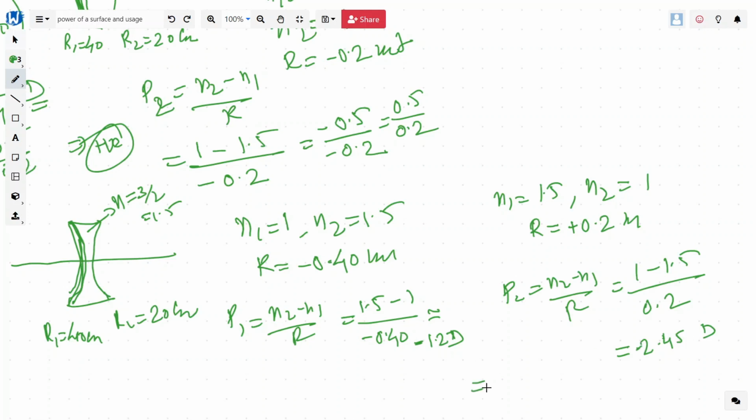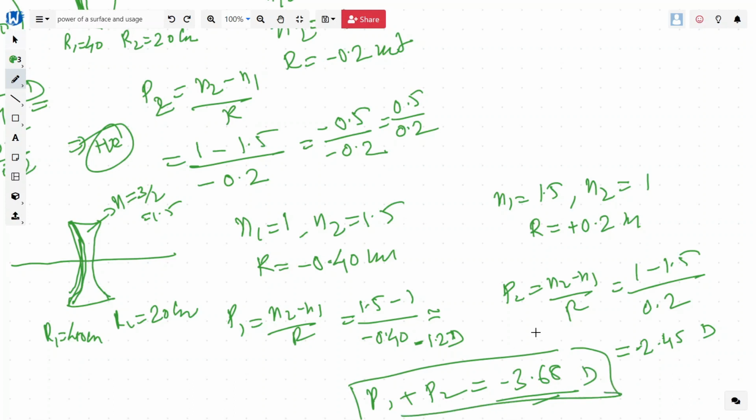And when we add that up, you have minus 3.68 diopter, P1 plus P2. Okay, and as it is negative, we know that it is a concave lens, right?